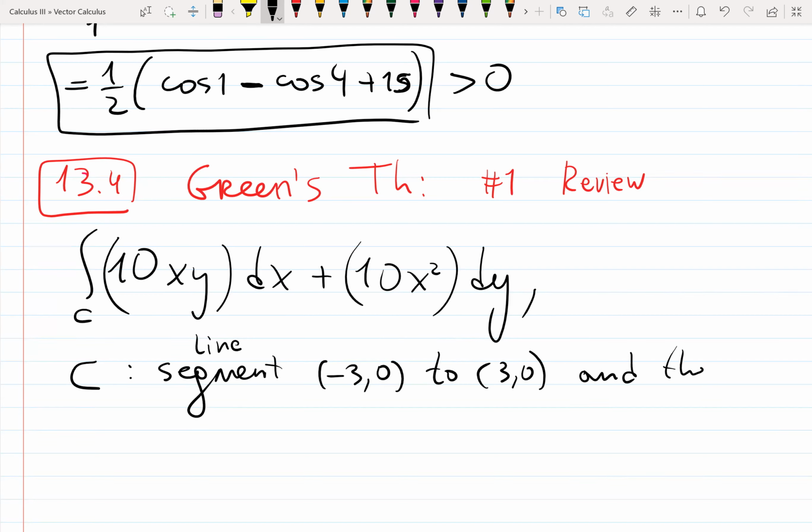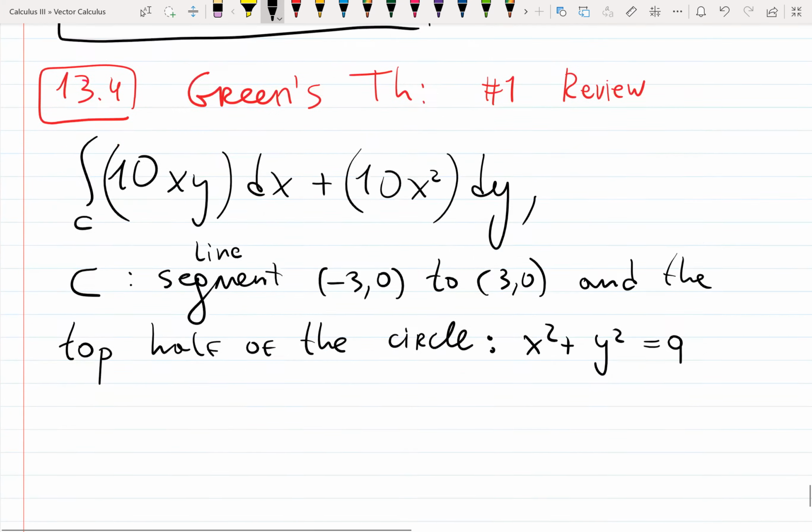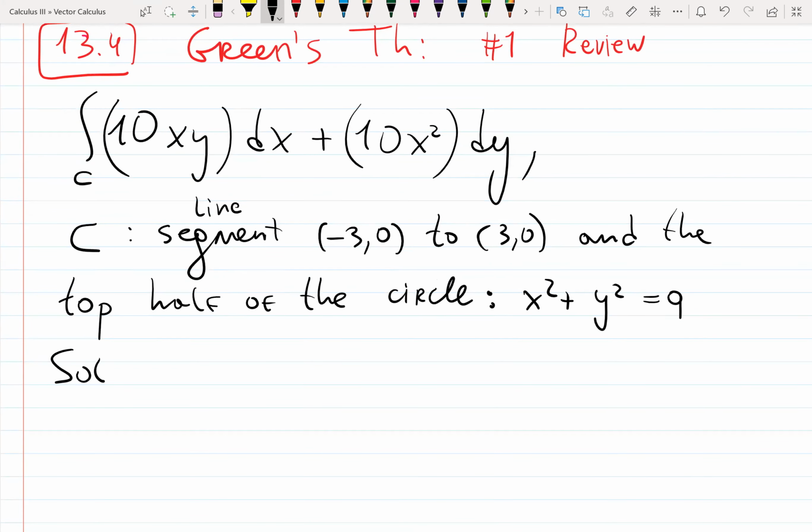I really need to zoom in. Okay, Kaylee, your solution better be correct because I did not check it before. So let's find out.